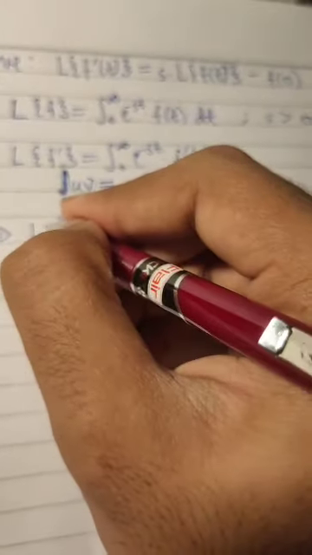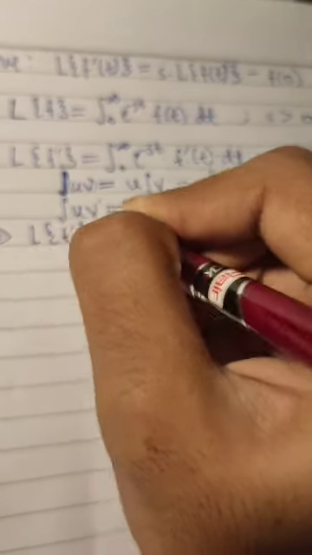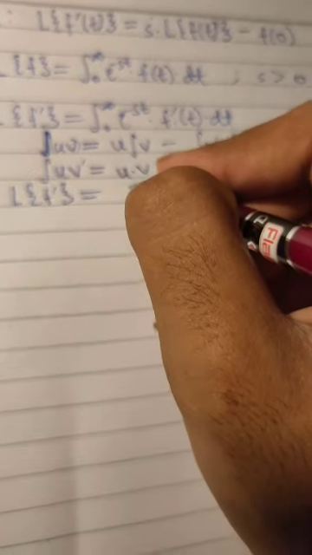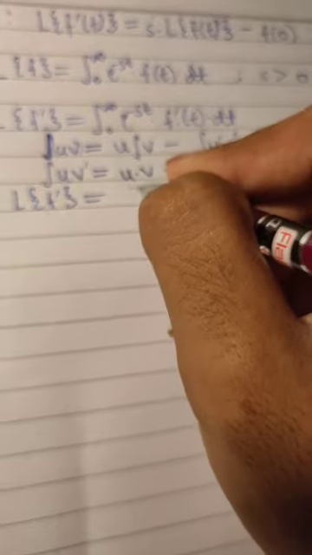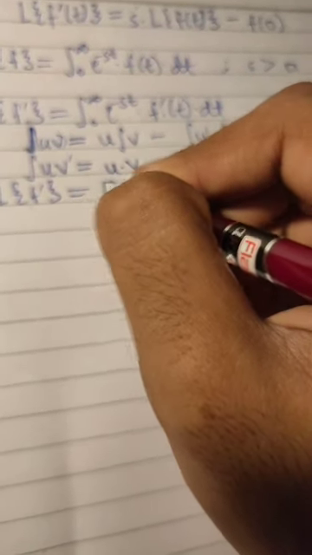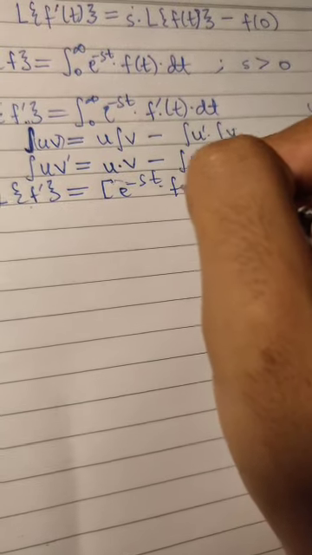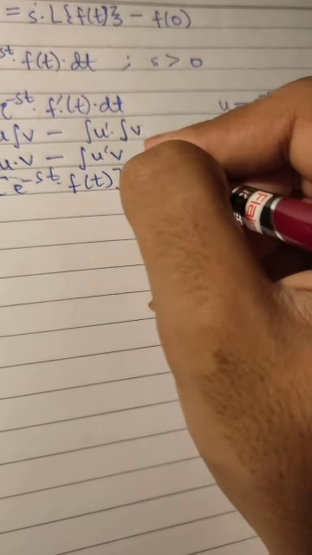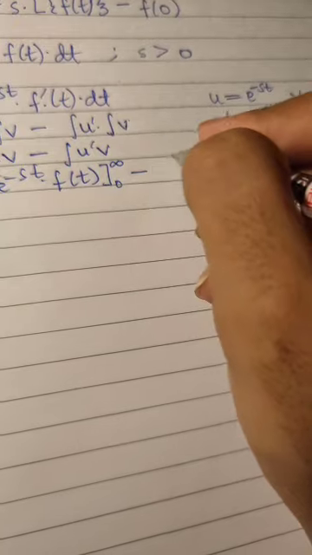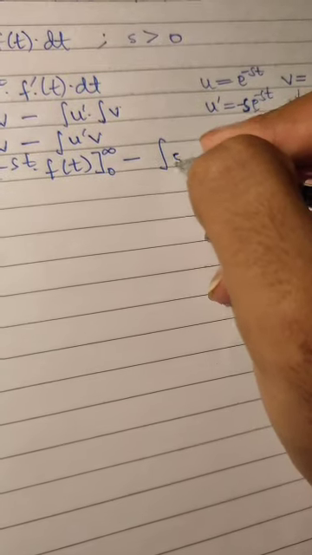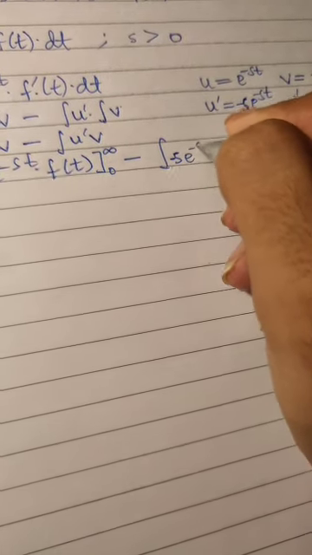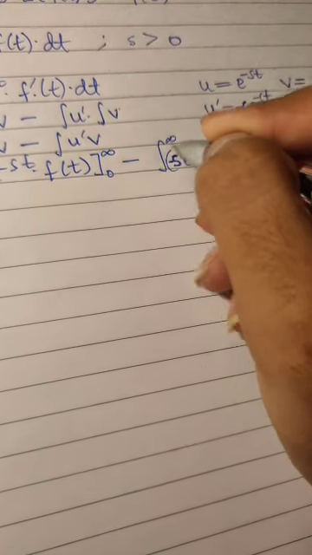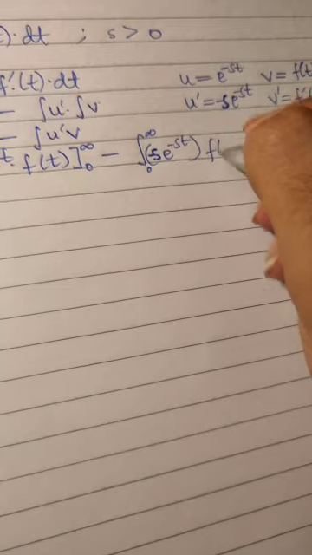So we've got that pegged down, and thus we can write it as e to the power minus st multiplied with f of t, with the limits from 0 to infinity, minus the integral of minus s e to the power minus st, also from 0 to infinity, multiplied with f of t dt.